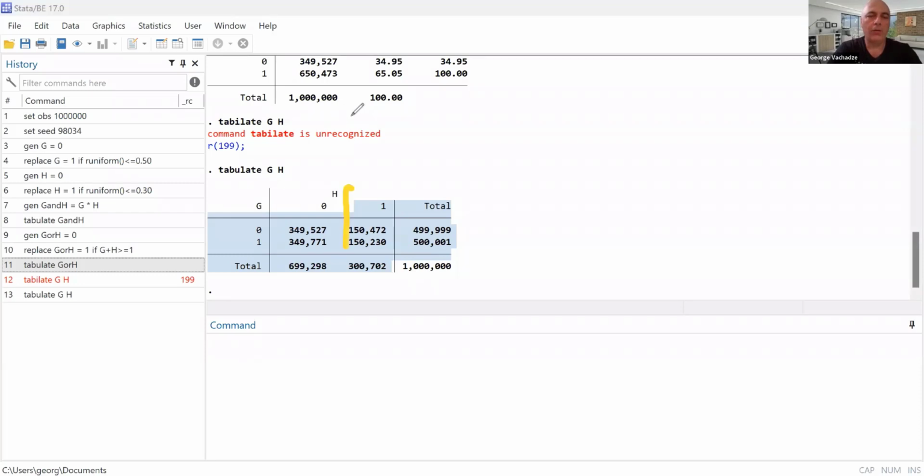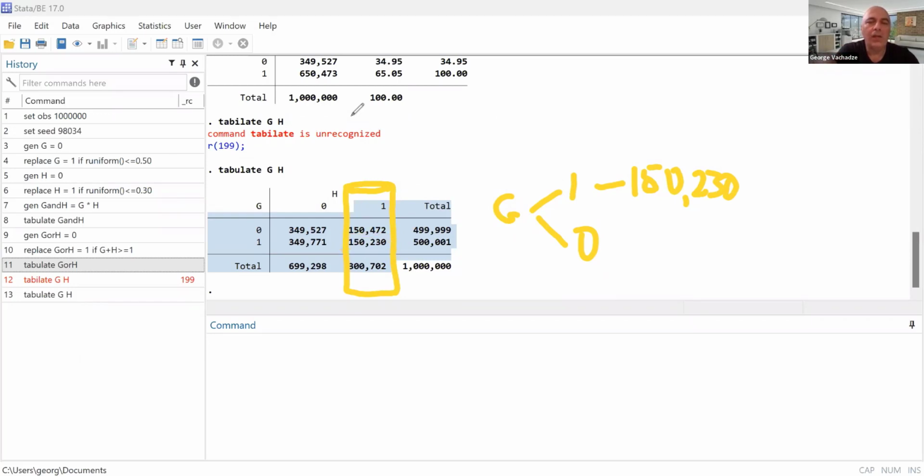We are on this rectangle, okay? Now we want to know how many ones we have in this rectangle. G is in this rectangle 1 and 0, and 1 is how many times? 150,230, okay? And G is 0, how many times?